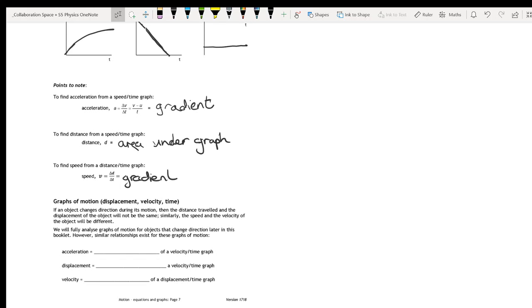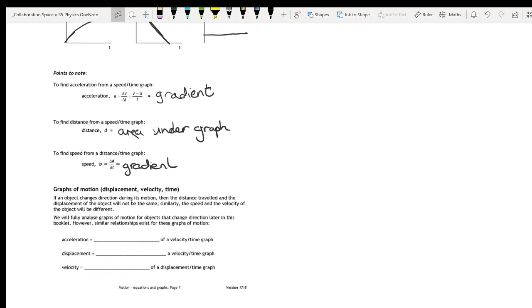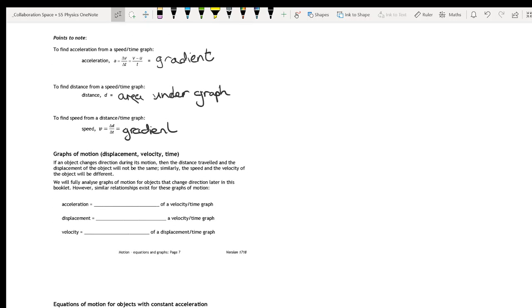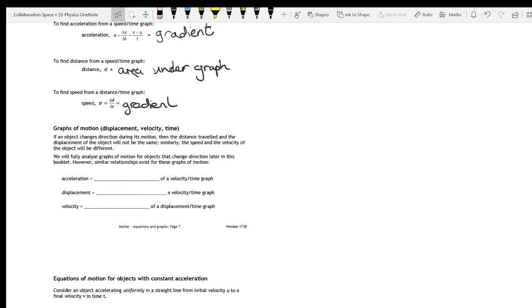If an object changes direction during its motion, then the distance travelled and the displacement of the object will not be the same. Similarly, the speed and the velocity of the object will be different. So those are distance and speed. Acceleration is still the gradient of a velocity time graph. Displacement is the area under a velocity time graph.